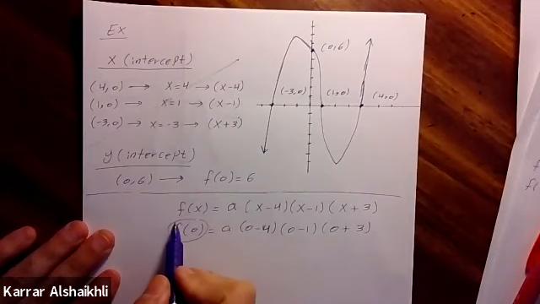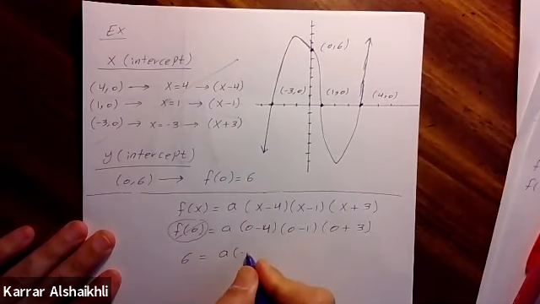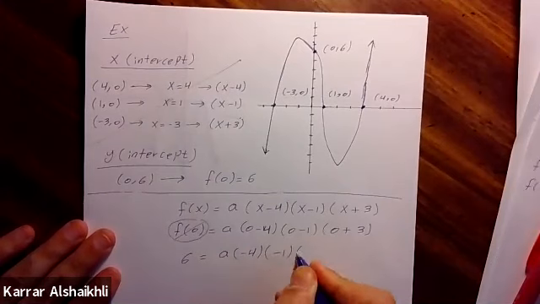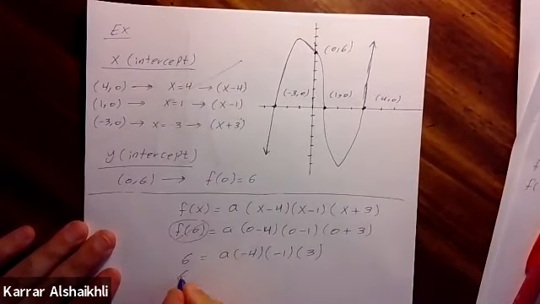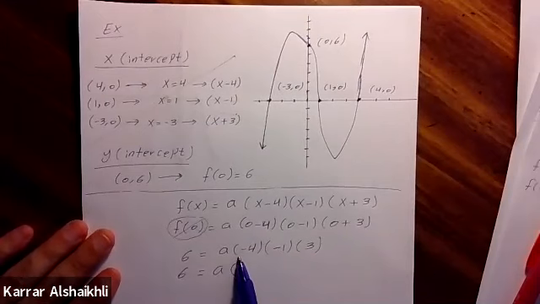So I'm going to put 6 equals a times 0 minus 4, which is negative 4, 0 minus 1, which is negative 1, and 0 plus 3, which is 3. Multiply these numbers. Negative 4 times negative 1 is 4. 4 times 3 is 12.